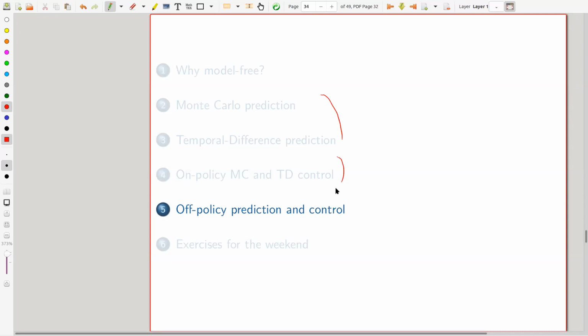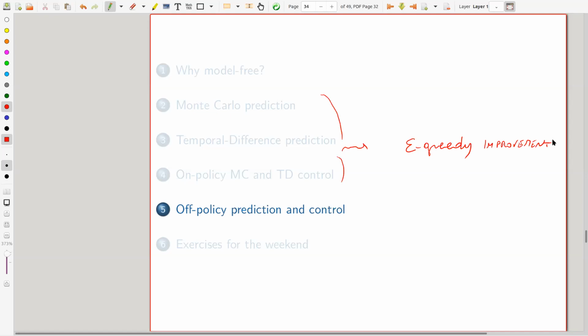And we discover that since we have to explore, but at the same time the final policy must be greedy, we have this tension between the need for exploration and the need for choosing the greedy actions. And we solve this problem with the epsilon greedy improvement.